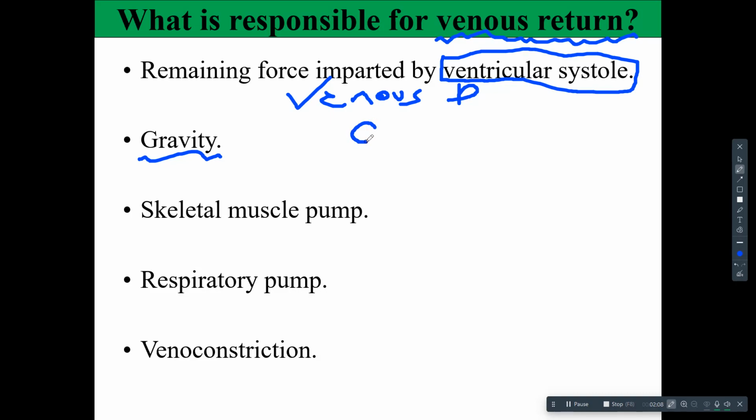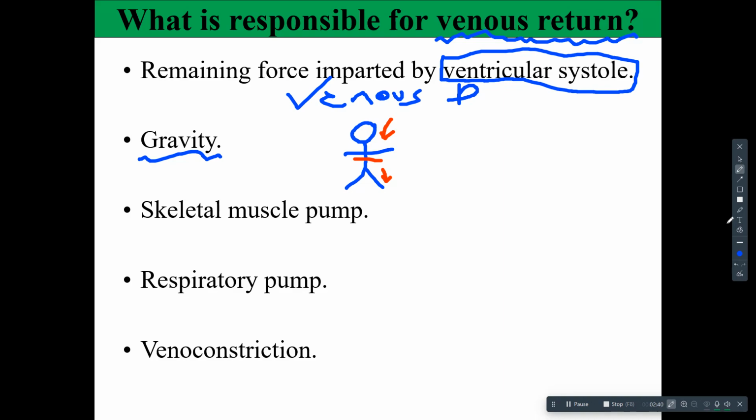Gravity can be either a help or a hindrance. In structures above the heart, gravity helps by moving blood down to the heart. In structures below the heart, gravity is a hindrance because it's moving blood away. So gravity is a little bit of both sides of the coin.